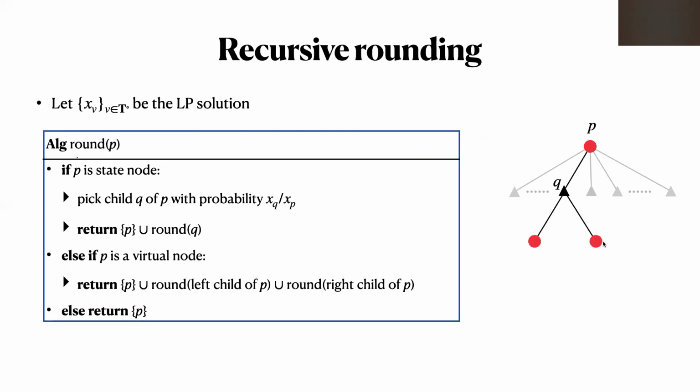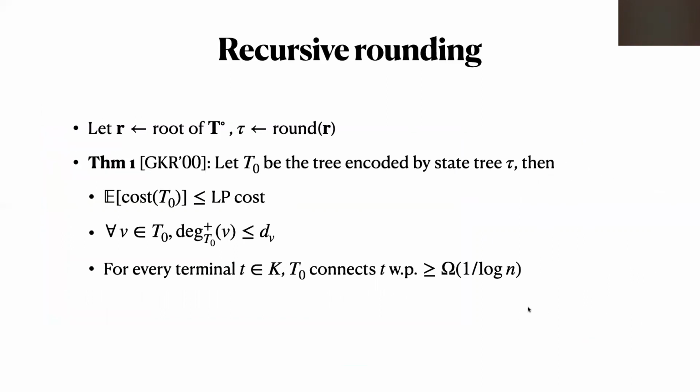And then we recurse into the resulting two substates. After that, we continue the process. This algorithm is proposed by Grandoni et al., 2020. And they show the resulting tree has some good properties.